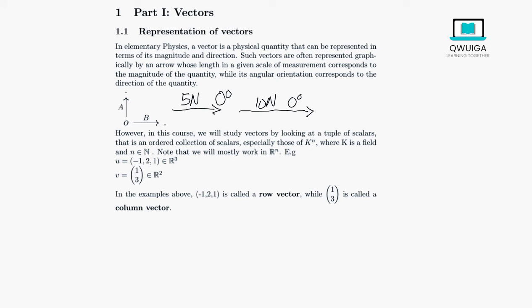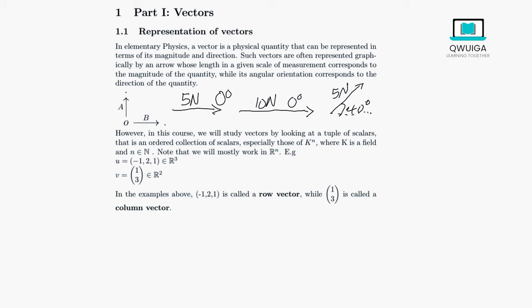I could have another vector, also of 5 newtons, but acting in this direction. The angle this makes with the horizontal is, say, 40 degrees. So this vector has a magnitude of 5 newtons and is acting in direction 40 degrees.